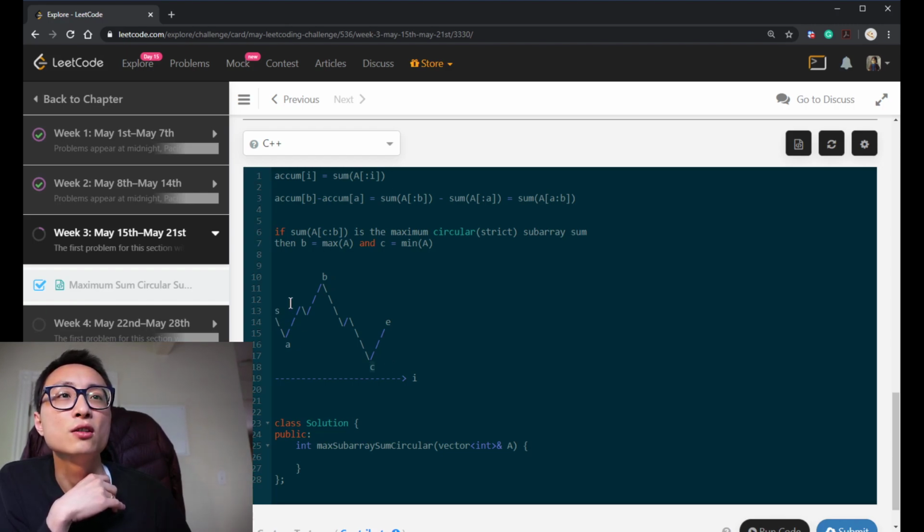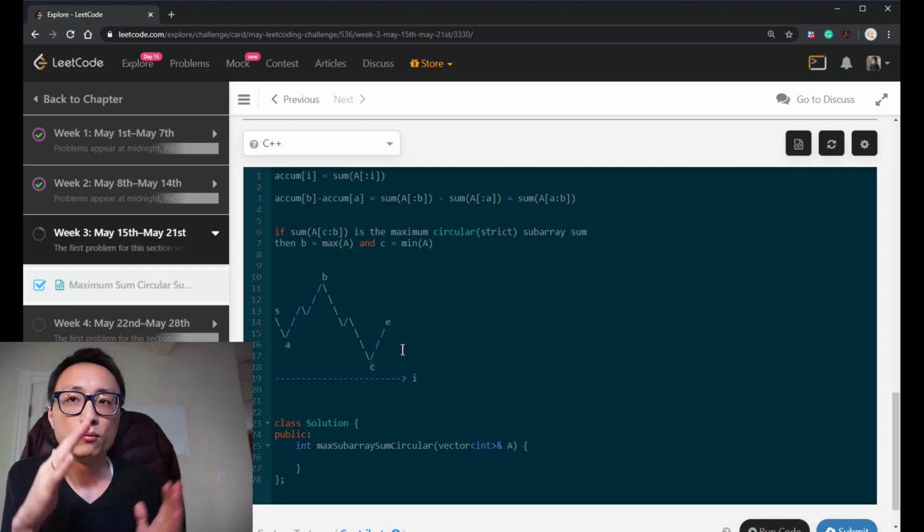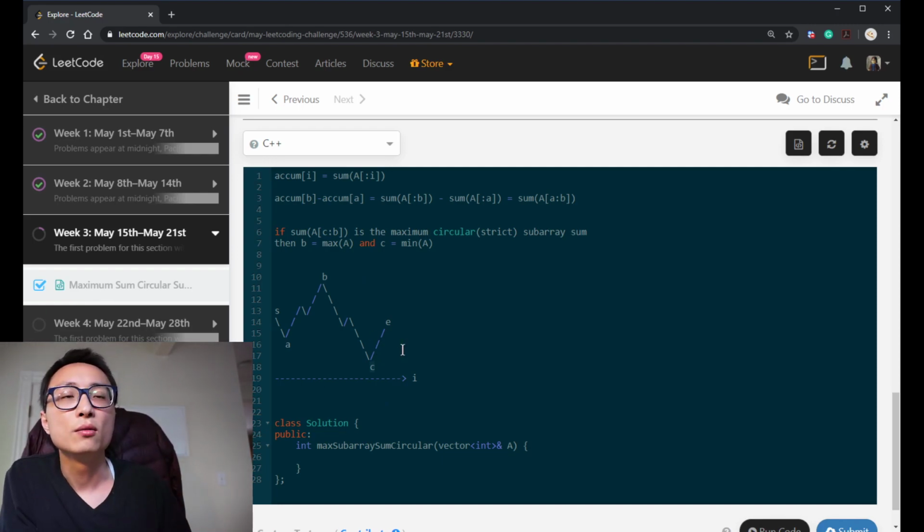What that gives us is S to B plus C to E. So then we just compare this patchwork, combining two upward hills, with the largest upward hill we can find by using Kadane, and whichever is larger, we return that.